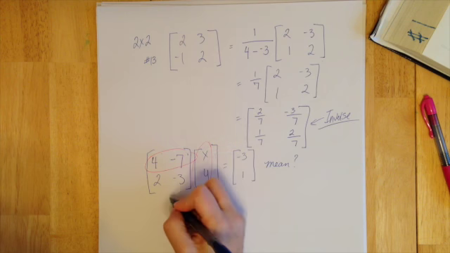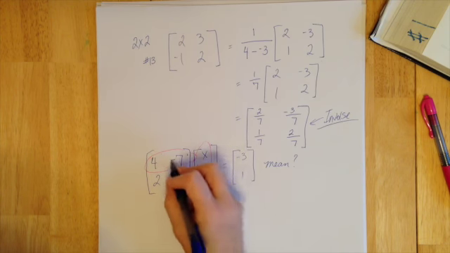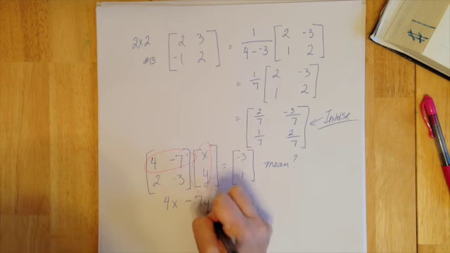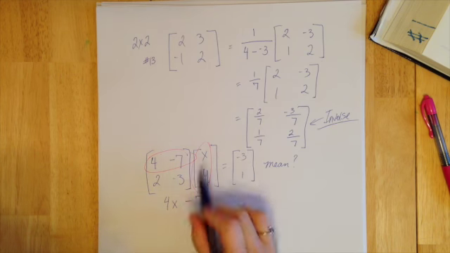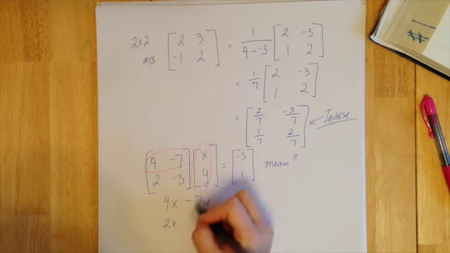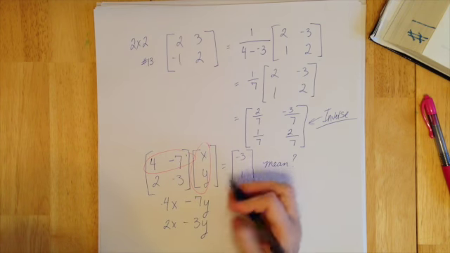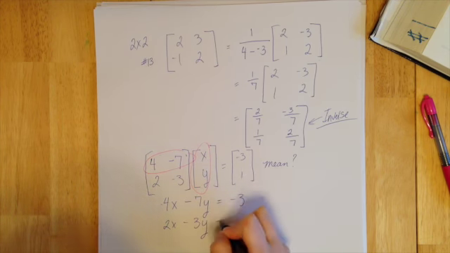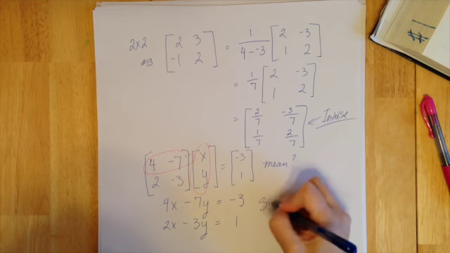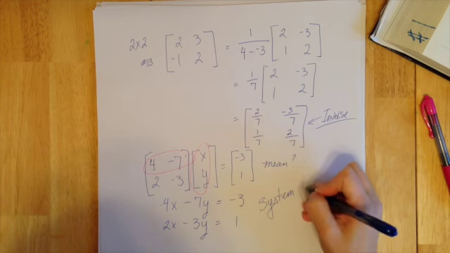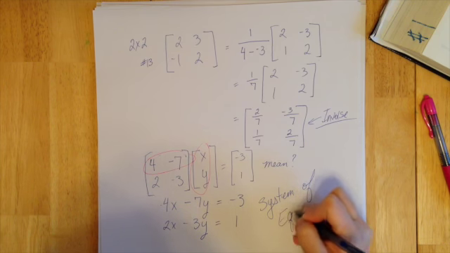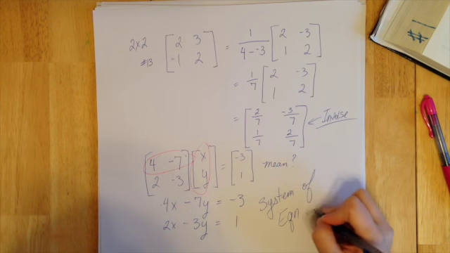We'll get 4x minus 7y. My second row times my first column is 2x minus 3y. And because they have to equal this corresponding spots, this one's equal to negative 3 and 1. So once again, we have a system of equations, which we'll solve again next time.